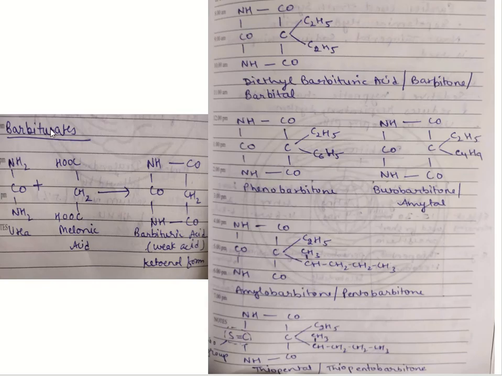Here you can see the precursor of barbiturates, barbituric acid, and how it is formed. It is formed by the reaction of urea with malonic acid, and water will be removed and they will bind together.